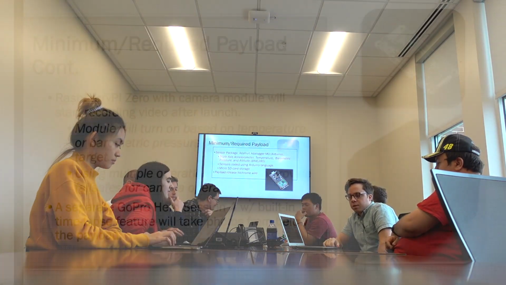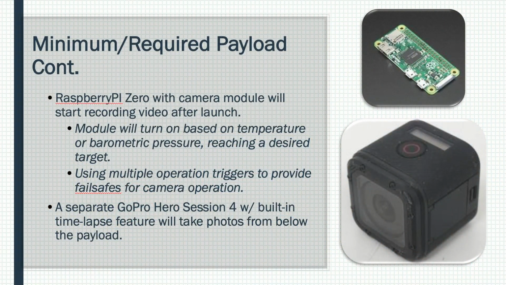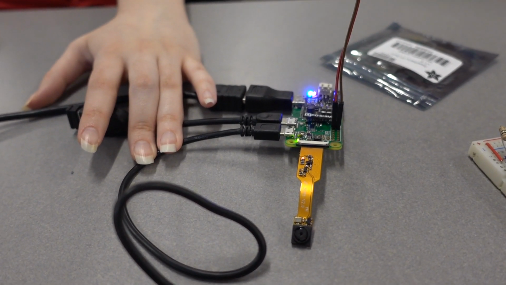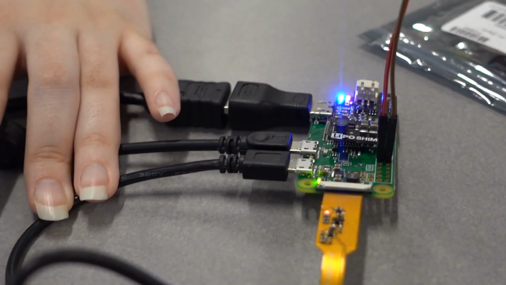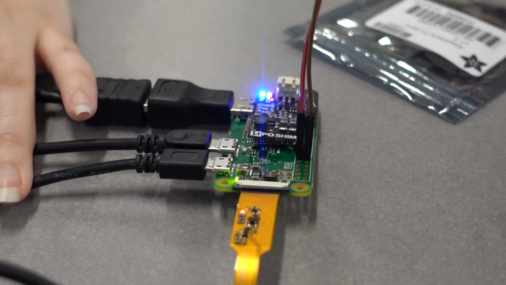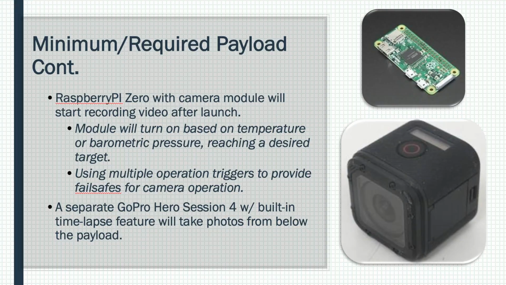Next slide. So we have more about the minimum and required payload, and one thing that I've been working on has been with the Raspberry Pi Zero and the camera module, because that's what we're using as a camera this year. And so the idea is that using a Python script, we will tell the camera to start or stop recording based on any trigger that the Arduino will send it through one of the pins.